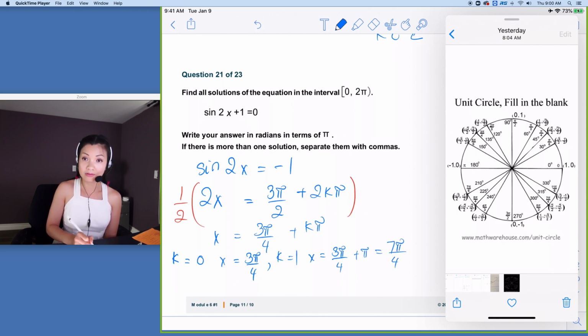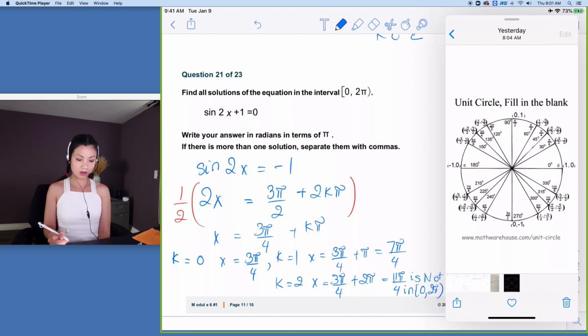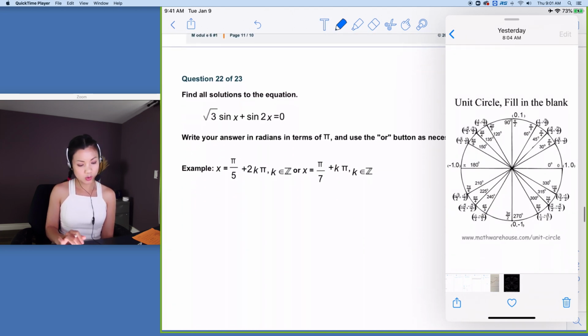And then k equals 2, which is x equals 3 pi over 4 plus 2 pi, which is 11 pi over 4. But 11 pi over 4 is not in 0 to 2 pi, so I'm just going to stop here. Okay, so we got two solutions. All right, moving on to number 22.